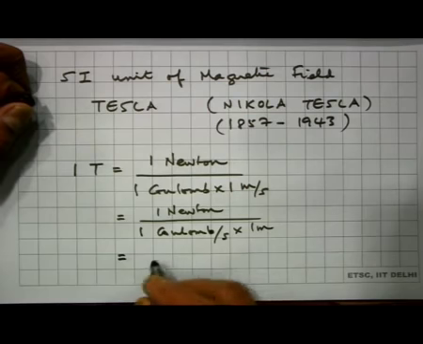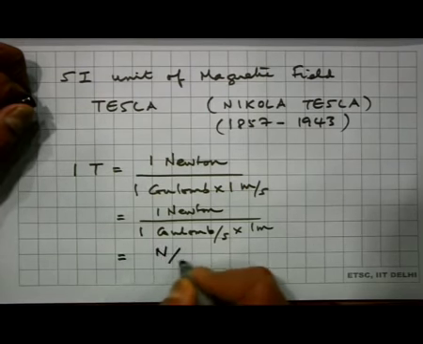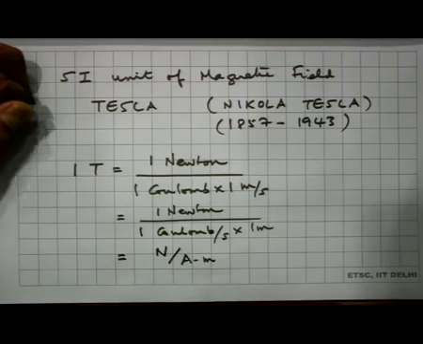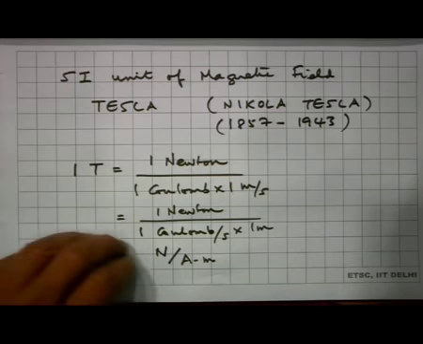and Coulomb per second is current. So this is nothing but newtons per ampere meter. Coulomb per second is an ampere, that is the unit of current. So 1 Tesla is actually 1 Newton per ampere meter, and that is the unit of magnetic field, Tesla.